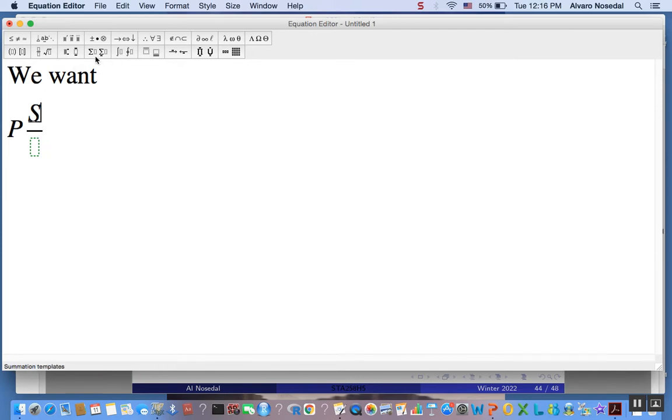And let me do it like this, because I'm going to need a subscript and a superscript. So we want to compute the probability that the ratio between those two variances is greater than 2. Agreed? That's what we want.